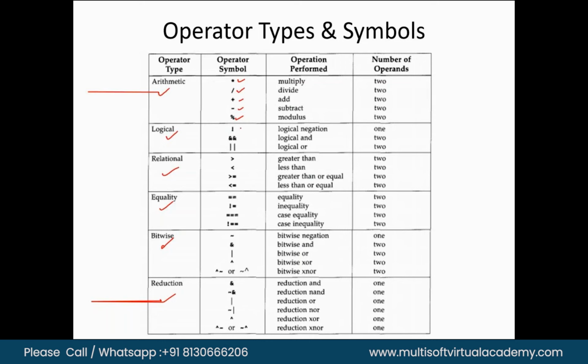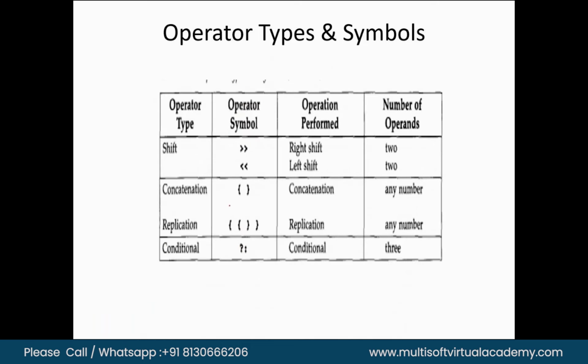Here are the logical ones: logical negation, AND operation, and OR operation, then greater than, less than or equal to. This is equality, this is the arithmetic case, this is the logic condition. The bitwise and reduction operations are more or less the same, then shift operation and concatenation. This is concatenation, this is replication, and this is the conditional operation.